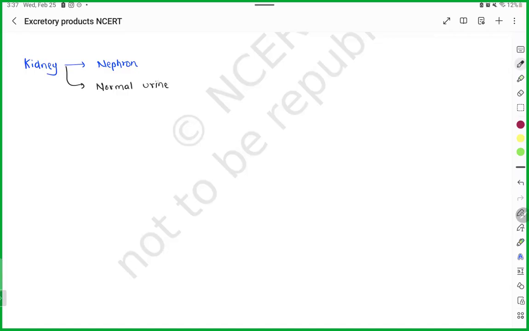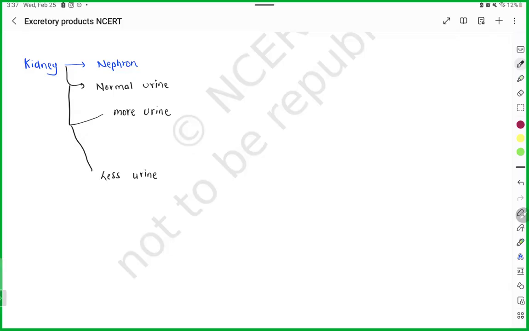But there are two possibilities. Change can happen in the urine. Sometime kidney start producing more urine. And second possibility, kidney start producing less urine. There are only two possibilities.